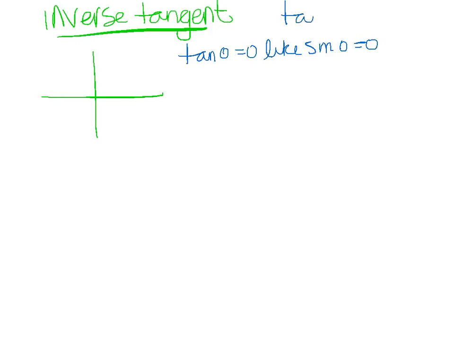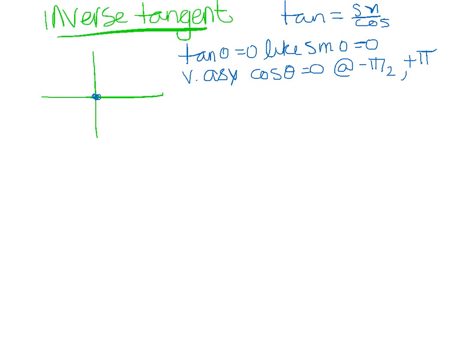Because we all know tangent is sine over cosine. So that's helpful for graphing. So I know I've got this point 0, 0. I know the asymptotes are when cosine theta equals 0, and that happens at minus pi over 2 and plus pi over 2.